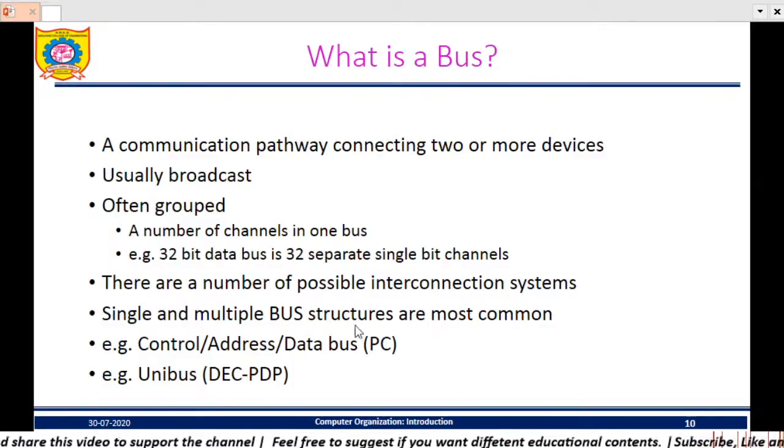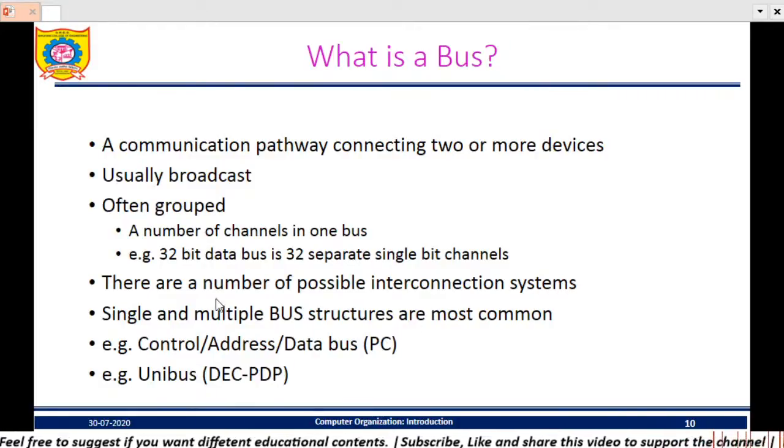There are a number of possible interconnections in the system. Single and multiple bus structures are the most common in computer systems because nowadays we have dual core, multi-core, hexa-core, octa-core processors. Multiple processors are there, so multiple bus structures are most common nowadays. But in previous days when processors were single, like Pentium, 486, 386, 286, single bus architecture was there.